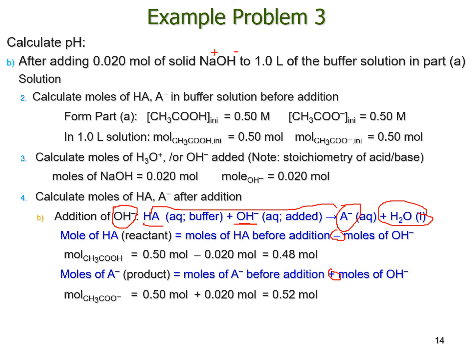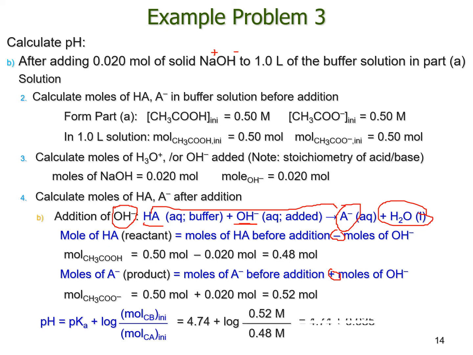Now that we have the new moles of this pair of conjugates, again, the HH equation with a log of moles, plug them in, and we see it's 4.77. The pKa is 4.74, and that is the pH of this buffer solution.